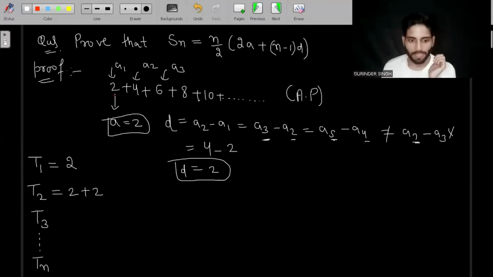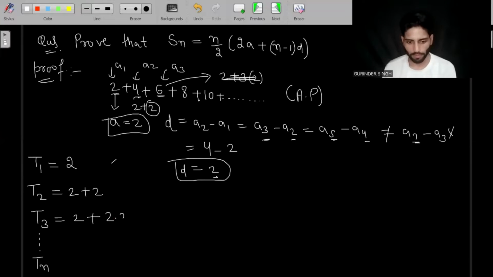So 2 plus 2 is 4, and 4 plus 2 is 6. It means this is A plus D, and this is A plus 2D.